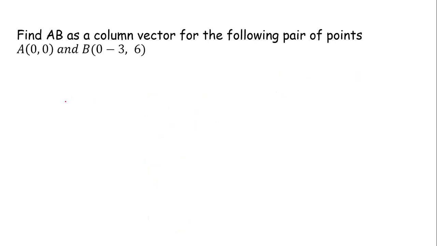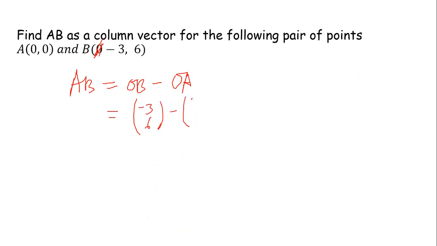The next example, A is (0, 0), B is (-3, 6). So our vector AB is the position vector of B minus the position vector of A. So this would be (-3, 6) minus (0, 0).